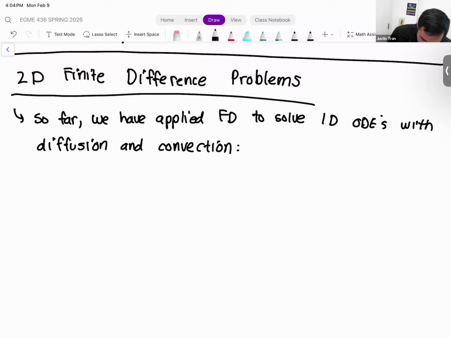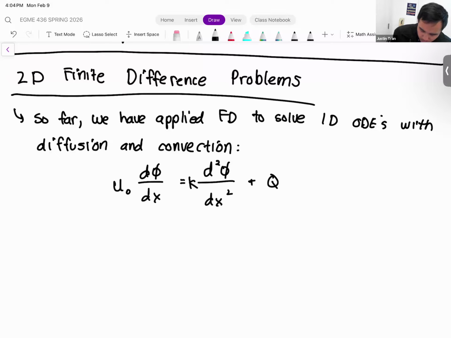Our equations look something like this. And so we had maybe a convection velocity like that, and that's equal to d squared phi dx squared. Maybe there's a diffusion constant k plus some source term.